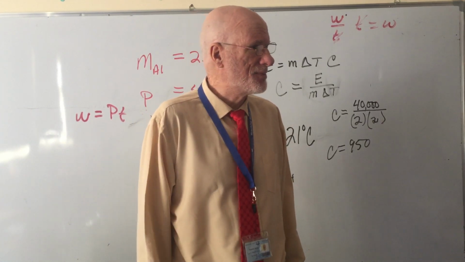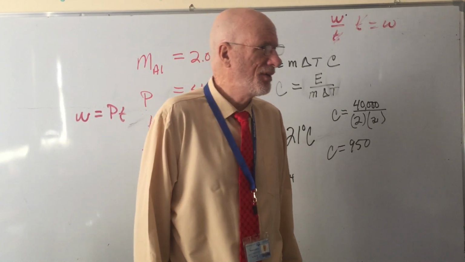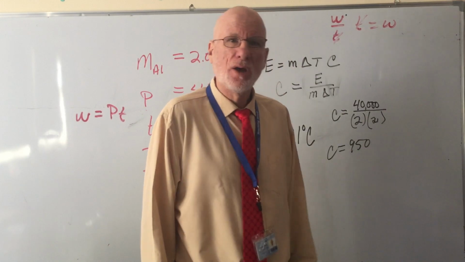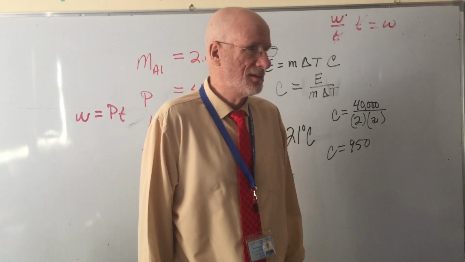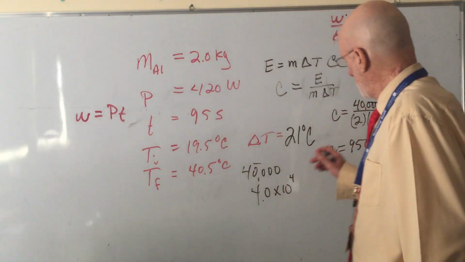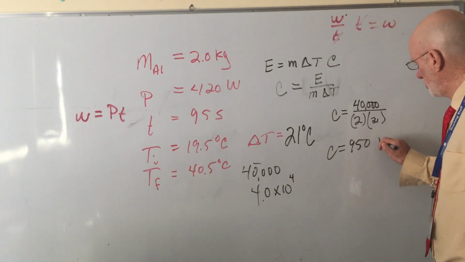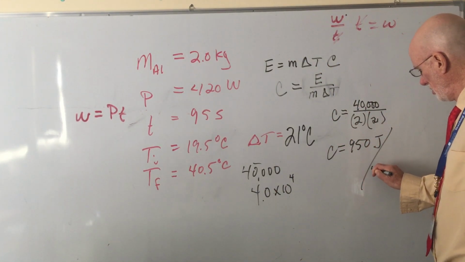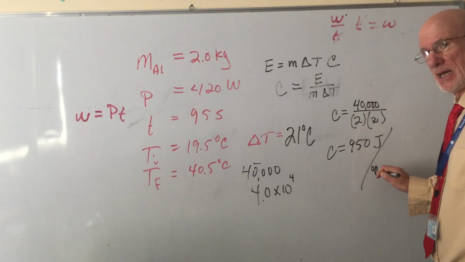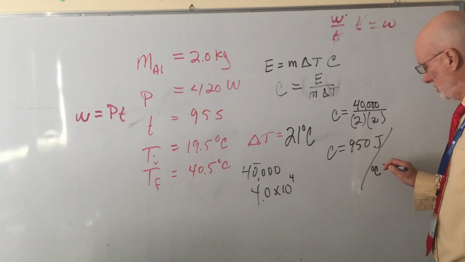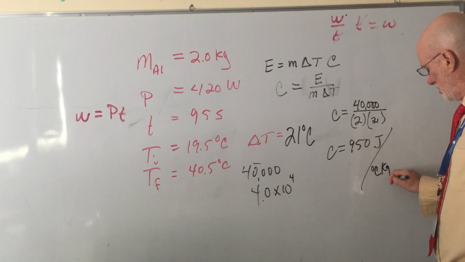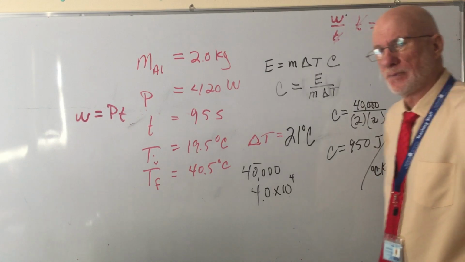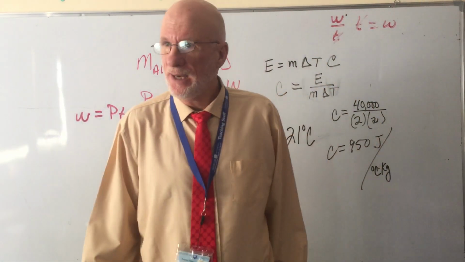What are the unit labels? Joules per kilogram? No, that's for latent heat. Because you got degrees Celsius in here, it's joules per degrees Celsius and kilogram. You get it?